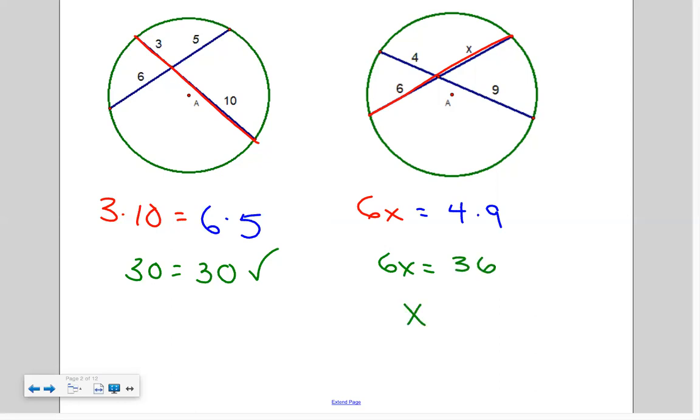Dividing both sides by 6, we get x equals 6. So we know that the missing segment length up here is equal to 6. Pretty straightforward. When the segments are chords, contained within the circle, the two segments from each chord, the products of those are going to equal each other.